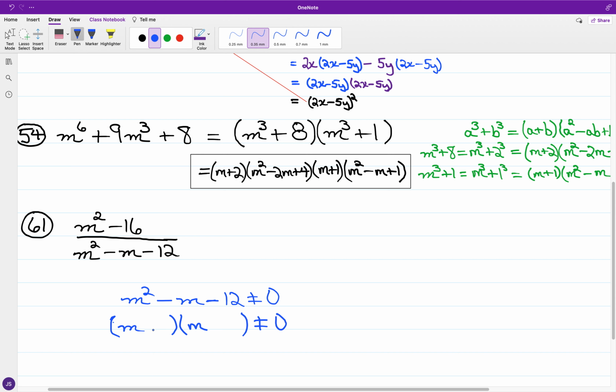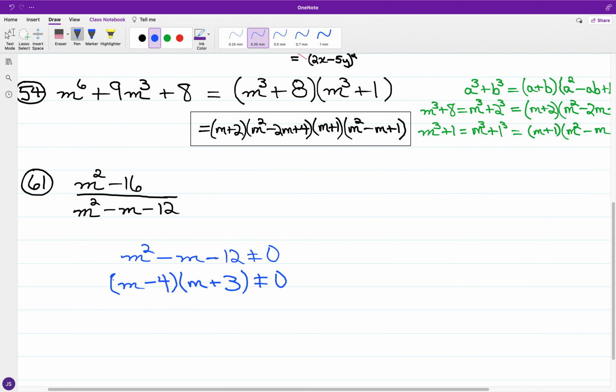If we look at factoring the factors of this trinomial, we have m minus 4 and m plus 3. Again, negative 4 times 3 is negative 12, and negative 4 and 3 add up to negative 1.